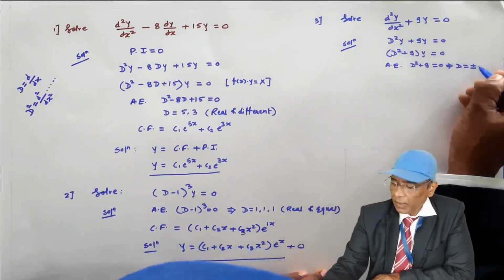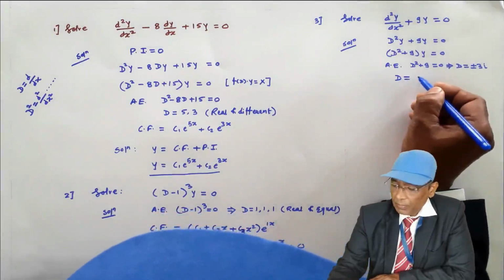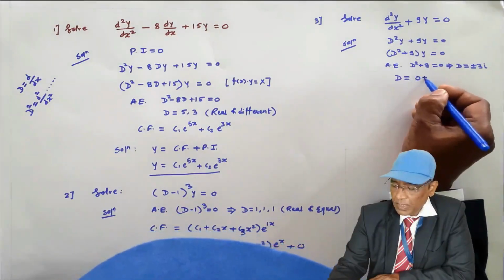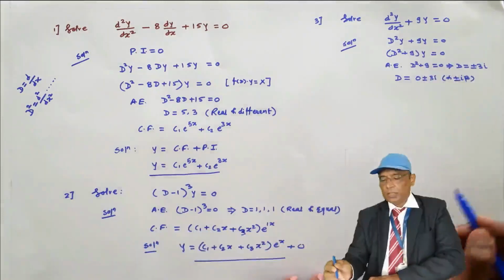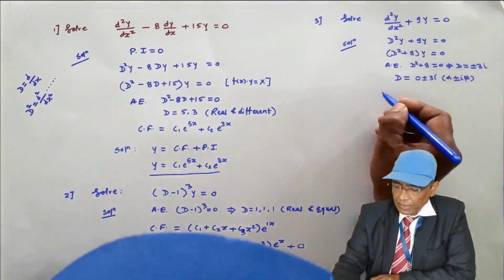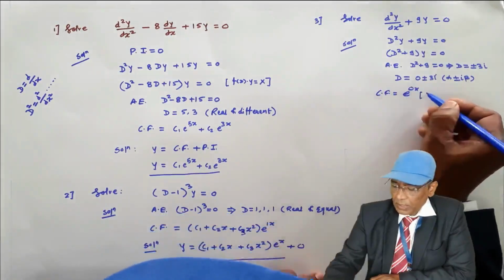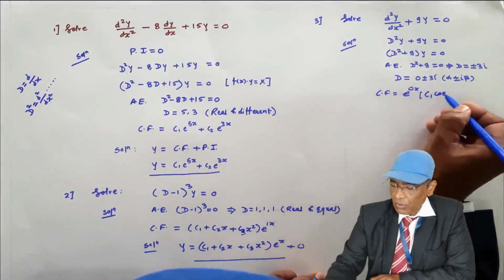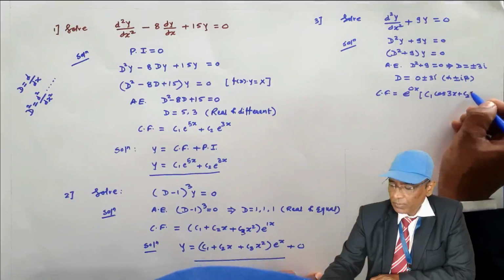D equal to plus minus 3i, and these values are imaginary and different, of the type 0 plus minus 3i, in the form of alpha plus minus i beta. These values are imaginary and different, therefore what is the complementary factor? e to the power 0x in bracket c1 cos of 3x plus c2 sin of 3x.